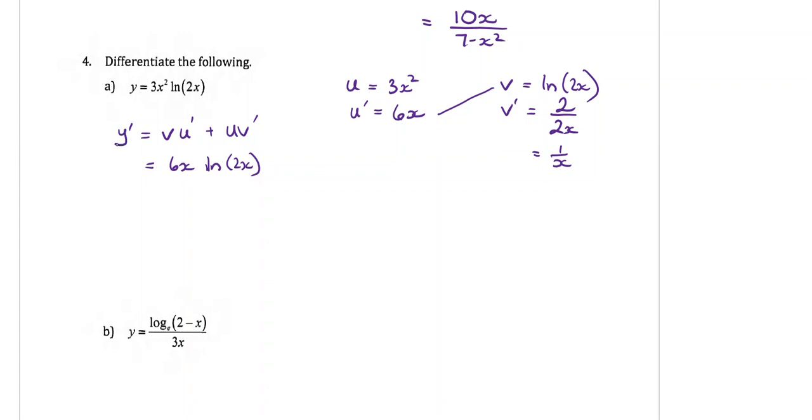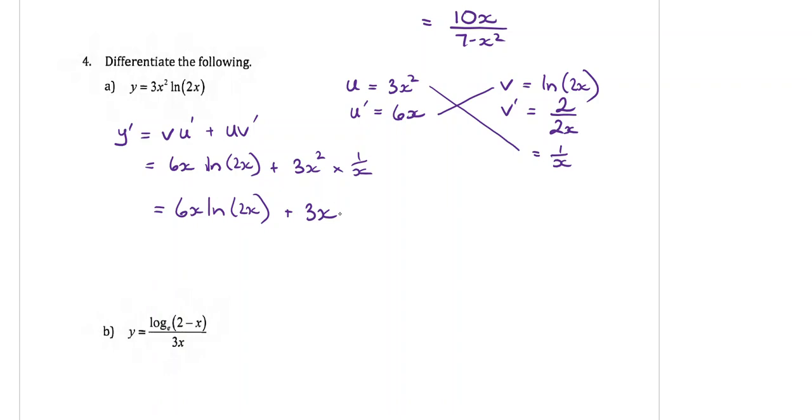Then plus multiplying the other way, we're going to be multiplying the 3x squared times the 1 over x. So 6x ln of 2x. The x squared, I can cancel the x off the bottom, so it would just be 3x.